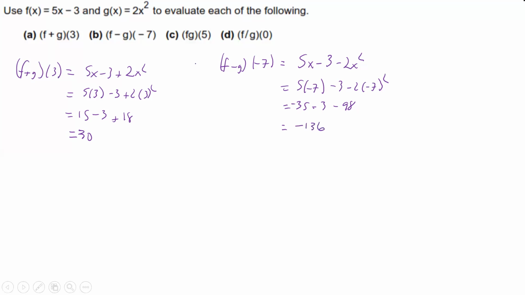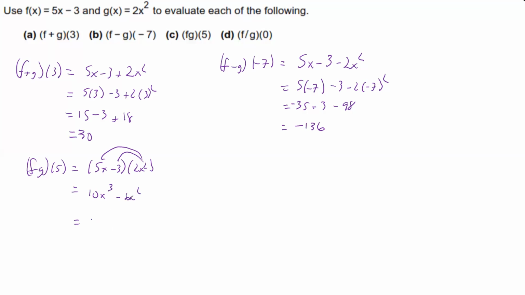Okay. Now f times g of 5 this time. Well, we'll have 5x minus 3 times 2x squared. I'm going to take that times that first. So that's going to give me 10x cubed minus 6x squared.